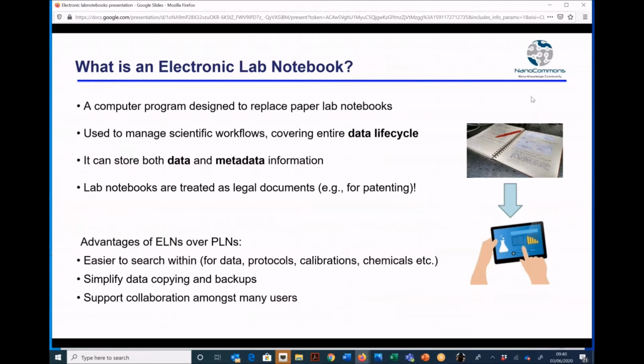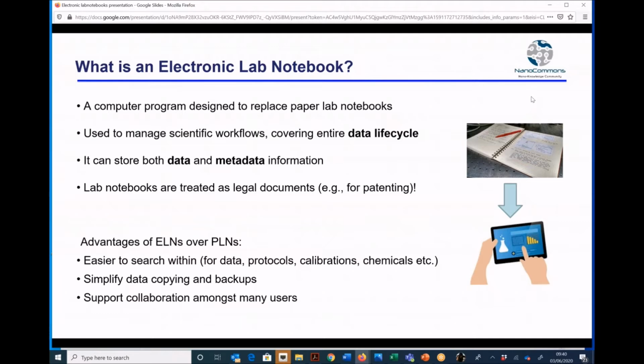So what is an electronic lab notebook? It is basically, as the little figure there shows, a computer program that does the job of the lab notebook. It's used to manage scientific workflows, and it covers the entire data lifecycle and stores both data and metadata. And those words that are in bold there are because I'll talk a little bit more about them in a moment.